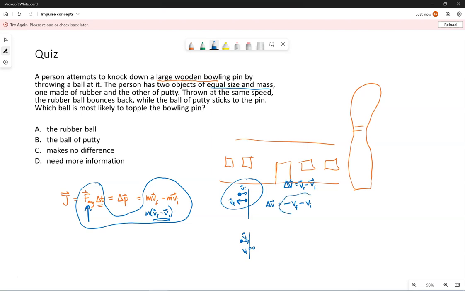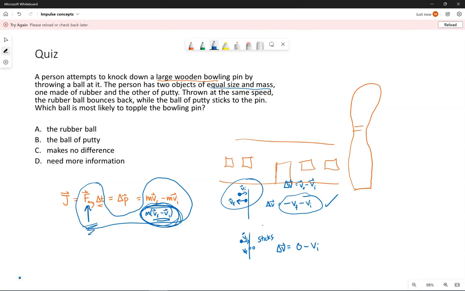So for something that bounces off, we get a relatively large change in velocity because of that change in direction. For something that sticks, the final velocity is 0 because it's stuck to the pin, minus the v initial. So the ball that bounces off is going to have a larger change in velocity, which means a larger change in momentum.